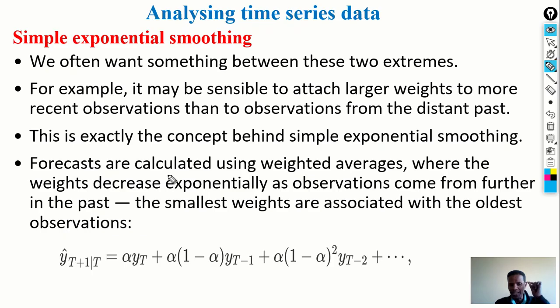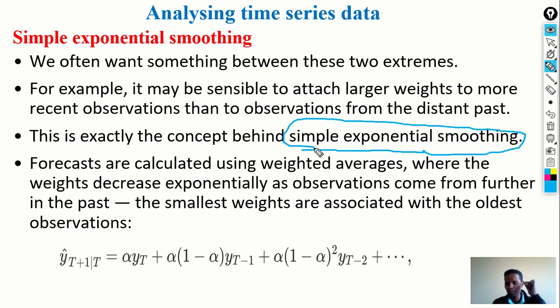Okay, so this is exactly the concept behind simple exponential smoothing. In simple exponential smoothing, it gives weight to all observations, but the weight given to the recent observations is much higher than the weight given to the distant past observations.